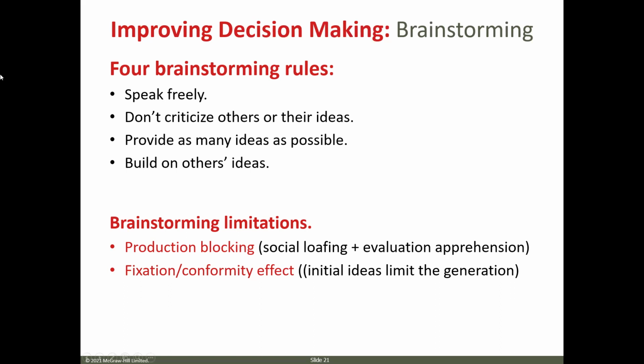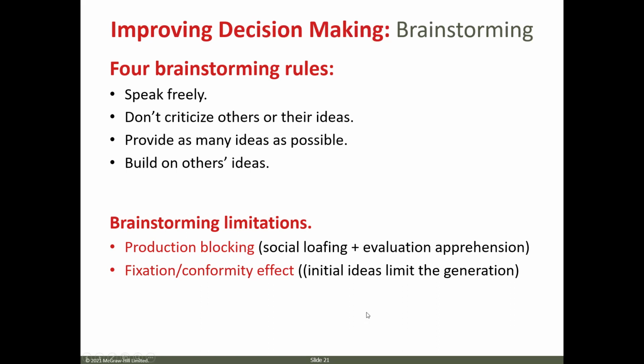So the problem is that sometimes people are not willing to share their ideas because they have faced social loafing or evaluation apprehension. So you don't want to share your ideas in brainstorming because you get negative feedback or maybe peer pressure.